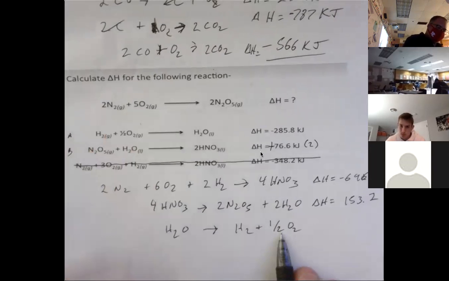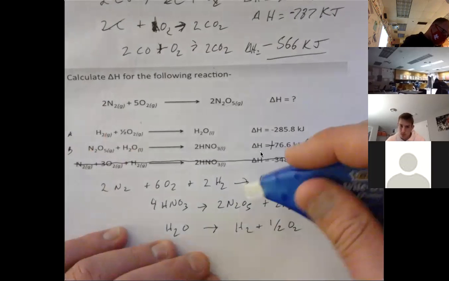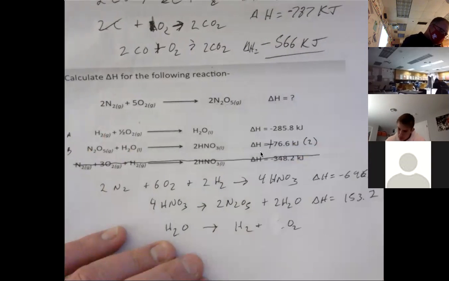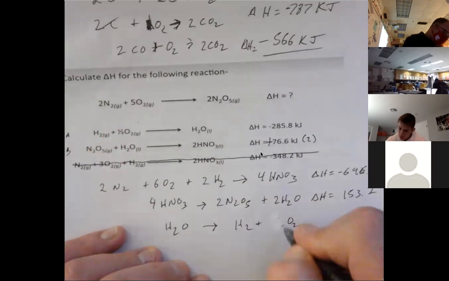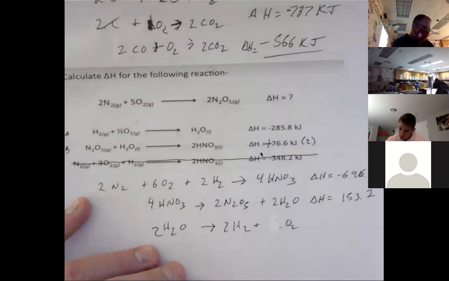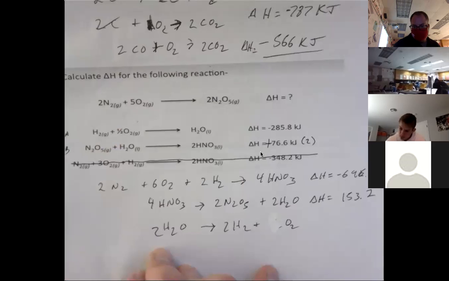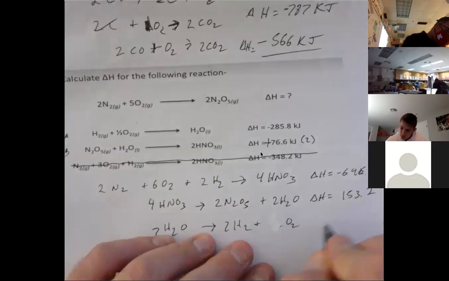That's why we got to double it. So that's 1, 2, and 2. 285.8 times 2. It's 571.6.